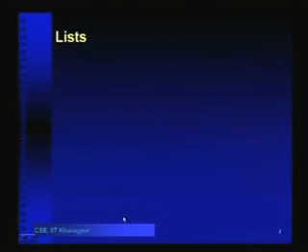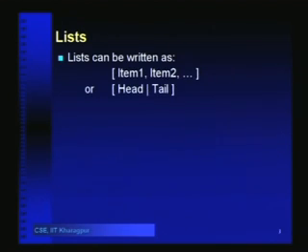Let us recap what we had studied on lists. We had seen that lists can be written in several ways in Prolog, and lists are in fact the only kind of data structure, if we may call it that, which Prolog supports. The lists are of the following types.